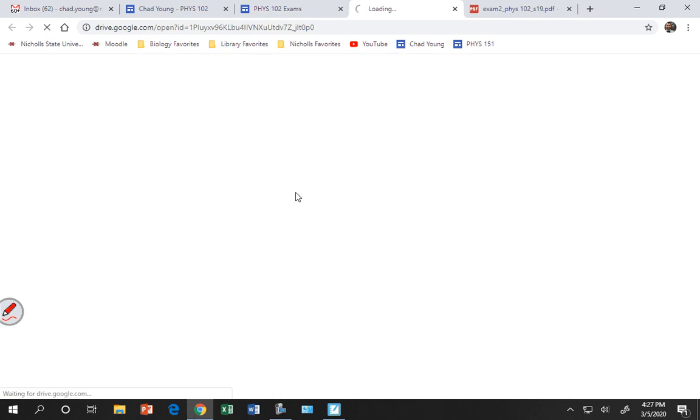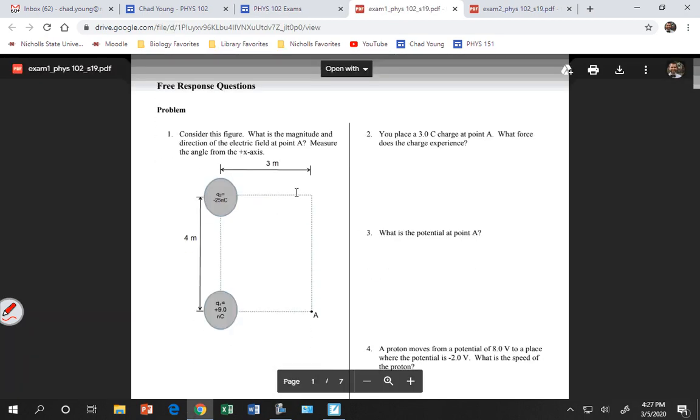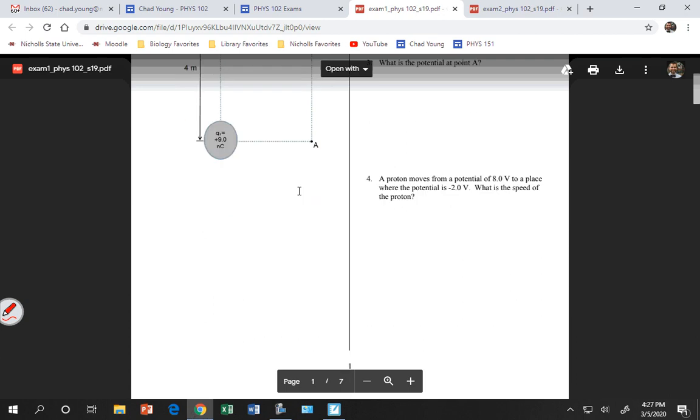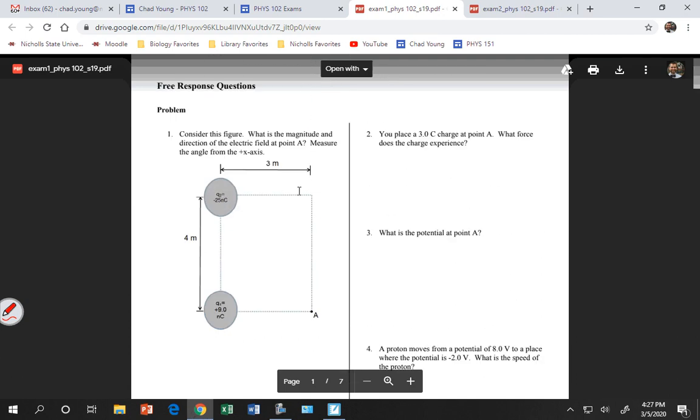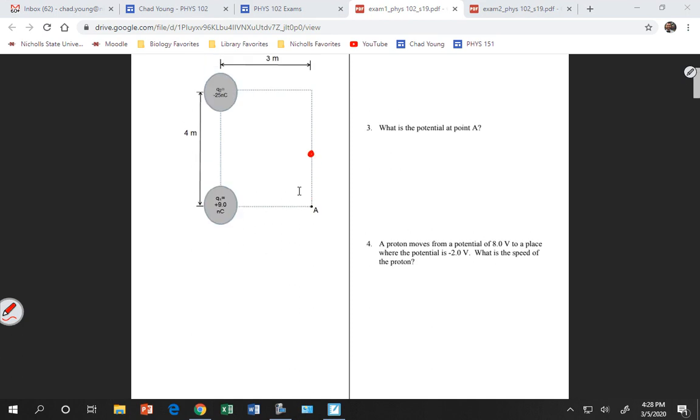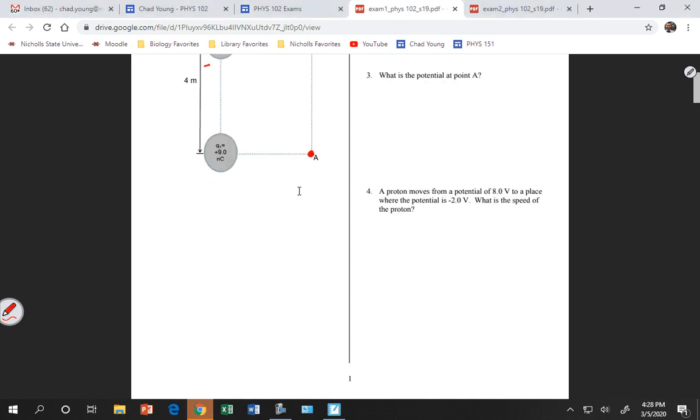Let's look at exam 1. You could see questions like number 3 and 4 here, where you have to find the potential at point A. To find that, what was that top charge? 25. So to find the potential at point A, I would say V1 plus V2.